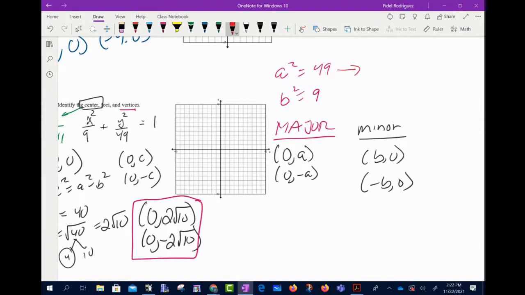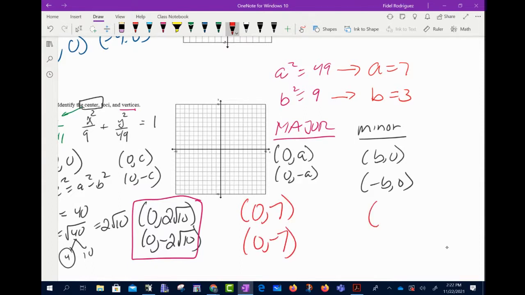If we know that a squared is 49, y'all agree with me that a is 7? And if b squared is equal to 9, we're good with b being equal to 3? Okay, perfect. So look, now we can write out our major vertices. So 0, 7, and 0, negative 7. And then for the minor, it's going to be 3, 0, and negative 3, 0. Okay?